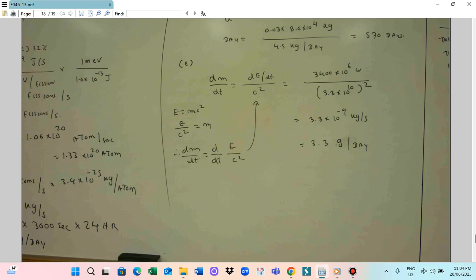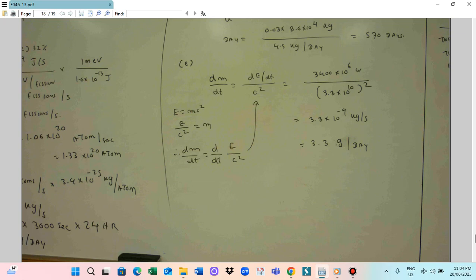In this case, dE by dt is energy divided by time, which is the power. We already know the output power is 3,400 megawatt, so 3,400 times 10 to the power 6 watt, divided by c squared. c is the speed of light, 3.8 times 10 to the power 10 squared.